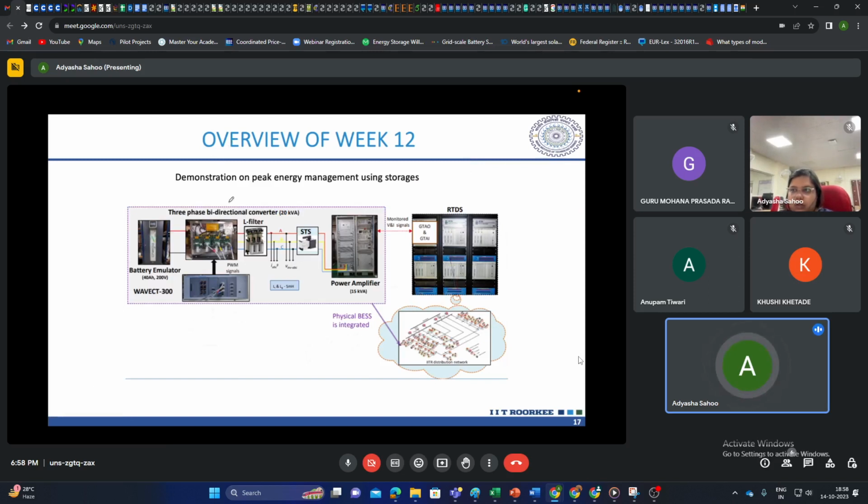So here in the demonstration, instead of actual energy storage, we are deploying or imitating its characteristics with this setup.